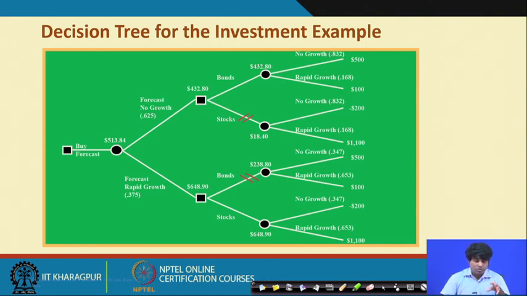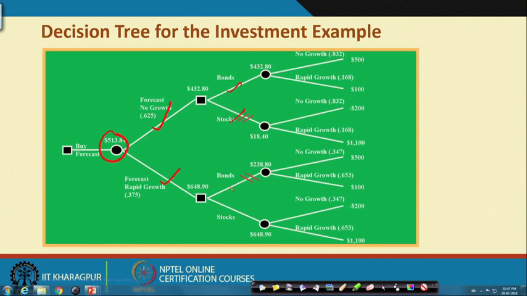So, the no growth situation and the growth situation. Technically, this is how the investment structure looks, where this is the no growth situation and this is the growth situation, then bonds and stocks, again bonds and stocks, again here no growth situation, rapid growth situation, again no growth situation, rapid growth situation.